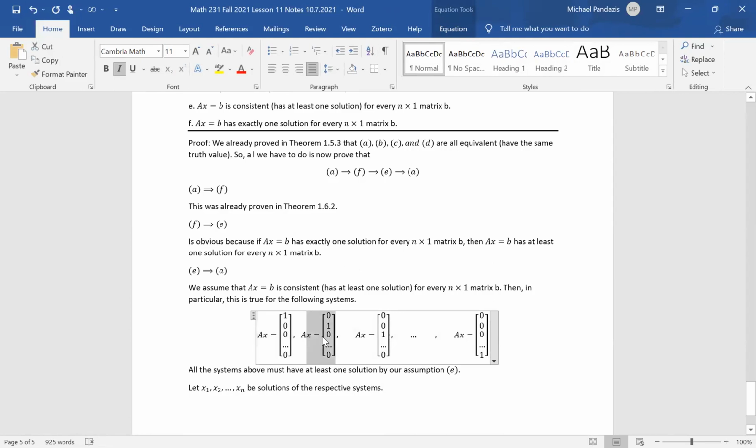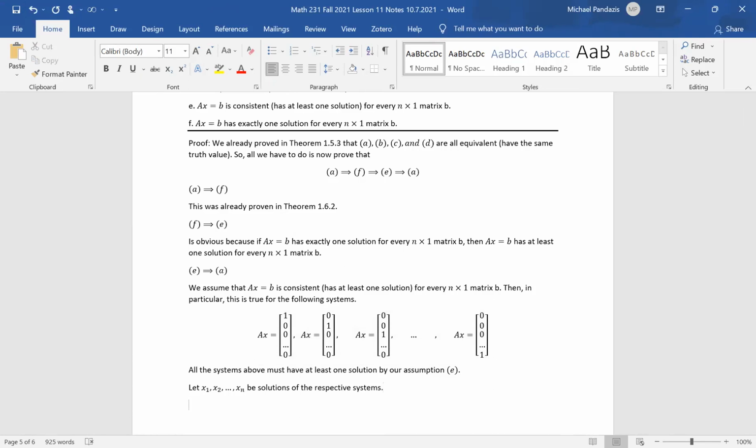The next one is a solution to the second equation, so AX2 is equal to that other B. The third one, AX3, would equal that, dot, dot, dot. The last one, AXn, would equal the last B. So they're each solutions correspondingly to those n equations, which all have at least one solution by our original assumption.